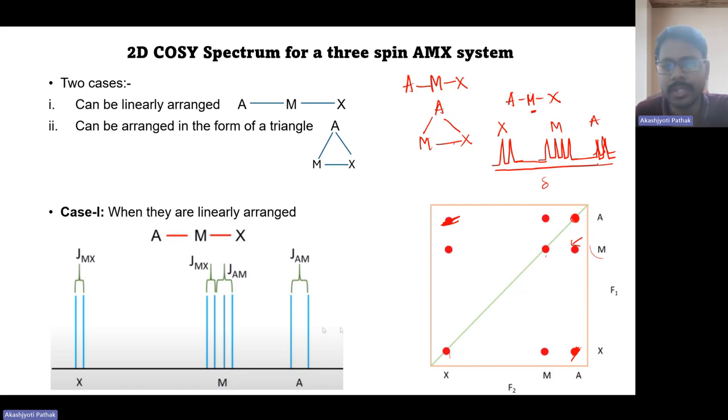You would get these peaks for a triangular system, but in this case, since they're linearly arranged, A is only coupled to M, so you get a cross peak over here, and similarly you get a cross peak over here. M is coupled to A, so that is why this one. And then for this M, M is coupled to both A and X. So that is why for this one, this M is coupled to A, you get a cross peak here, and you get a cross peak over here. Okay.